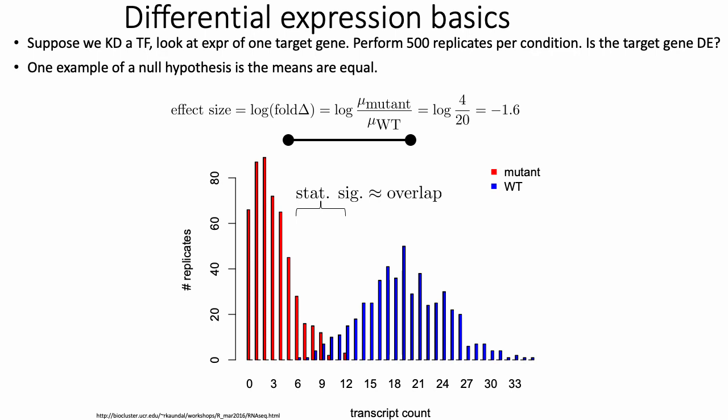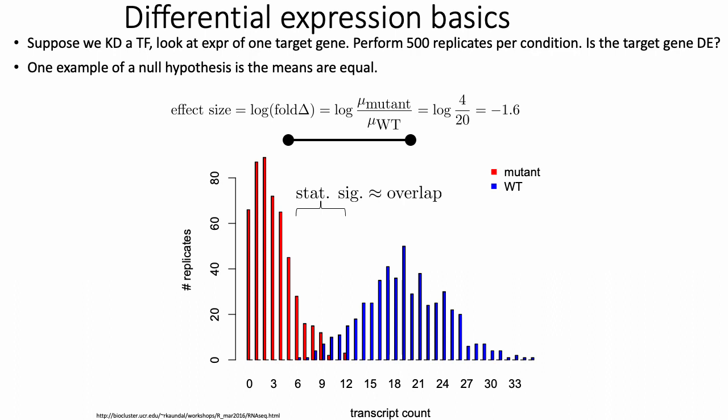The effect size can be roughly understood as the gap between the means of the blue curve and the red curve. More formally, you could measure effect size as the log fold change, in this case the log ratio of the expression of a gene in the mutant versus wild type. In this case that would come out to something like minus 1.6, which tells you that there's a drop in the expression level of this target gene.